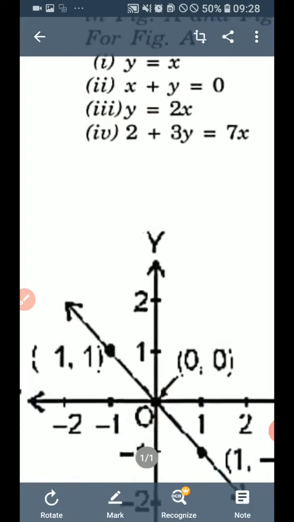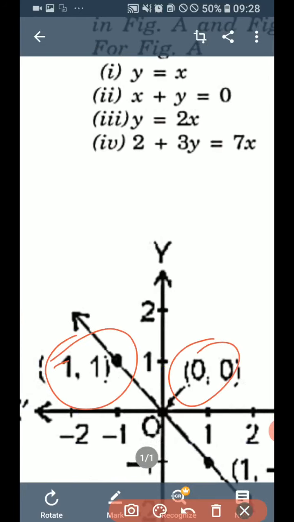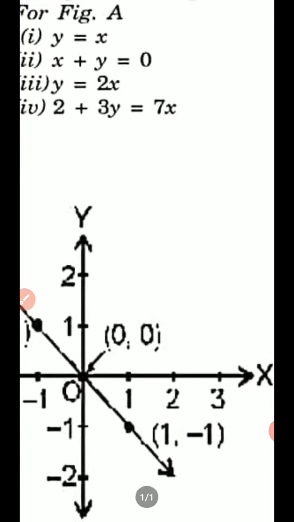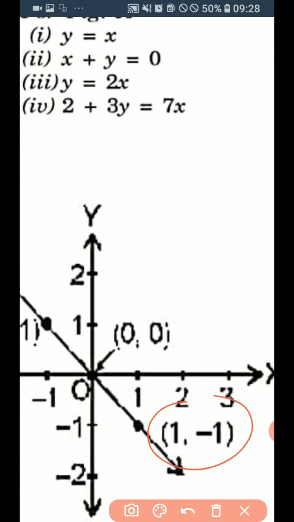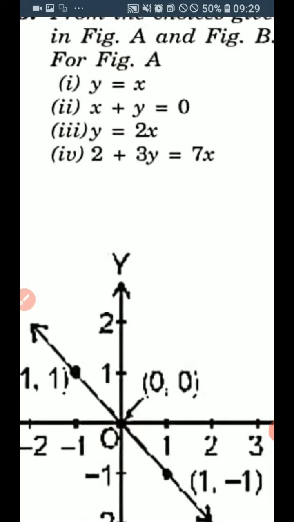Out of these 4, whose graph is this? 3 points are highlighted in the given graph. Out of these 4 equations, whichever satisfies these 3 points will be the equation of this graph. I will put these 3 points one by one in all 4 equations.